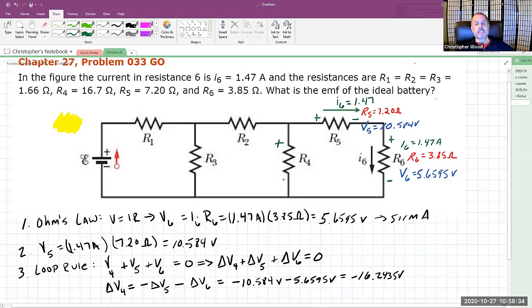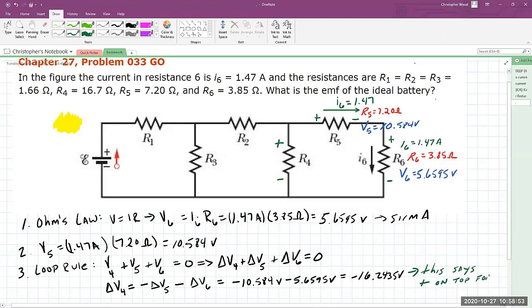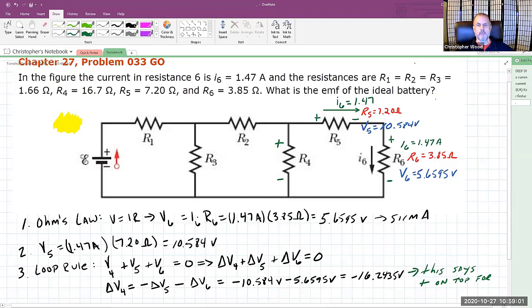So that has to be positive. That has to be negative. Otherwise, this wouldn't work. This is basically saying positive on top. So the fact it's negative means that the current's flowing opposite the direction that you've drawn the loop. Not yet. I can't come to that conclusion yet.